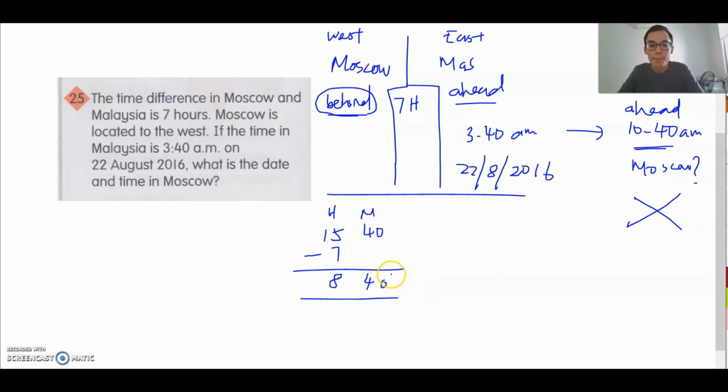Okay, so we get 8:40. This one is PM. Why is it PM? Because this is 3 AM. If you move 8 hours earlier, it will become PM.